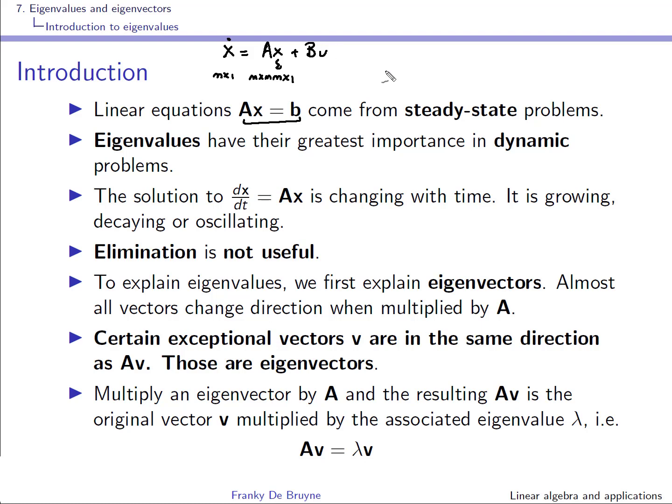In general, there will be m inputs, so U will be a vector m times 1. So in order to be compatible, you immediately see that B must be n times m.